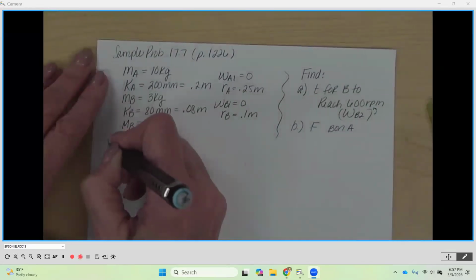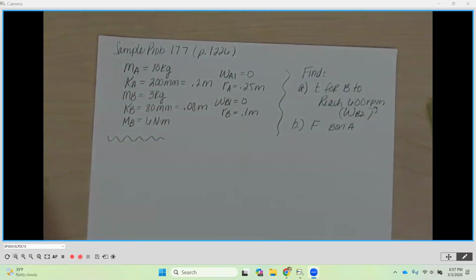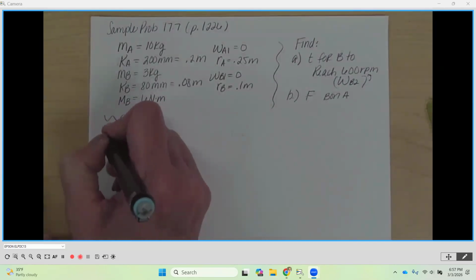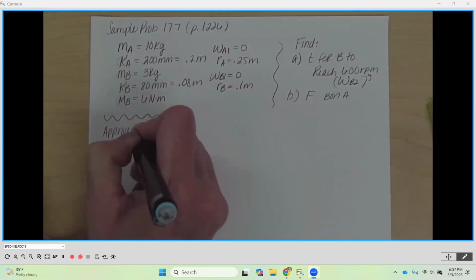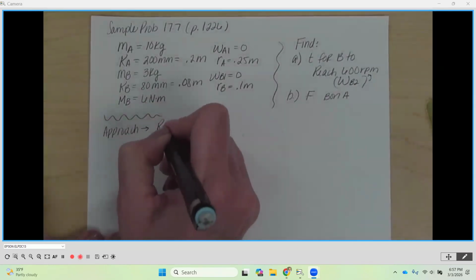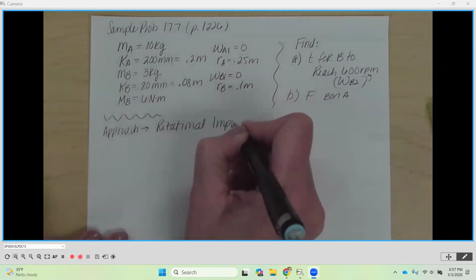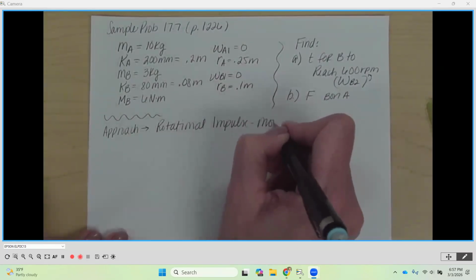Okay, so now we're ready to start our problem. As we already know, because we're learning about this in section 17, our approach is going to be rotational impulse momentum.